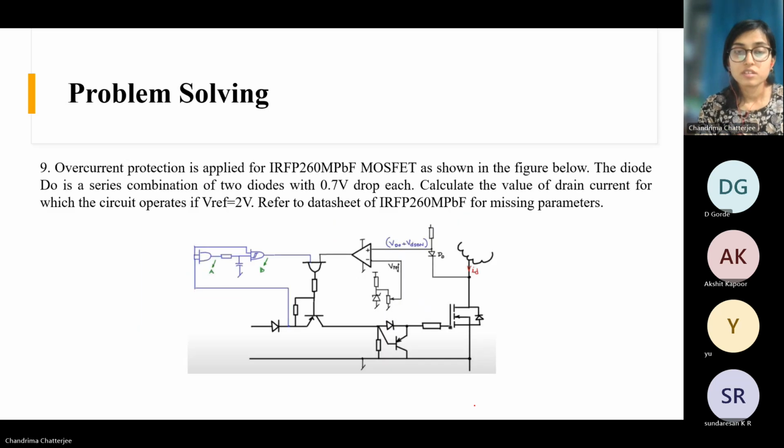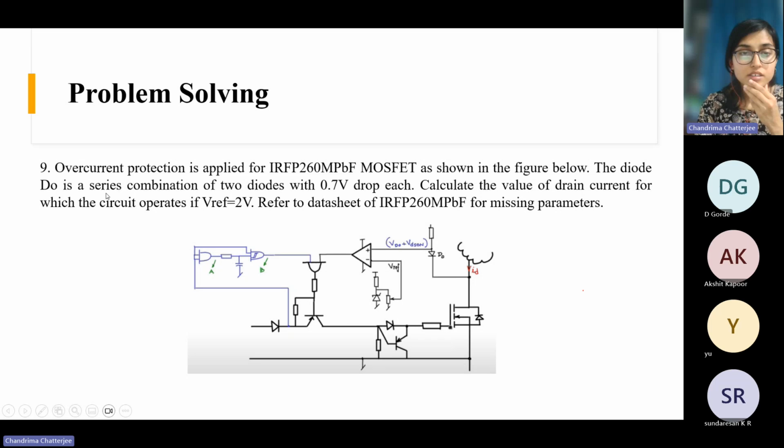So let's see the next problem. What is the problem?